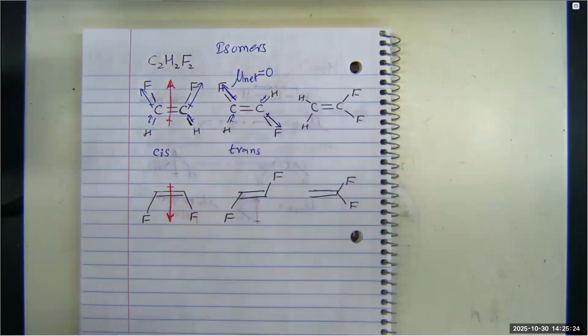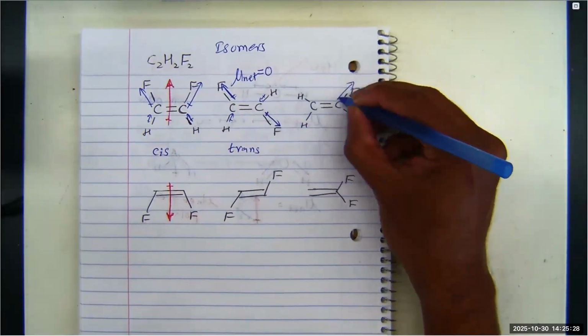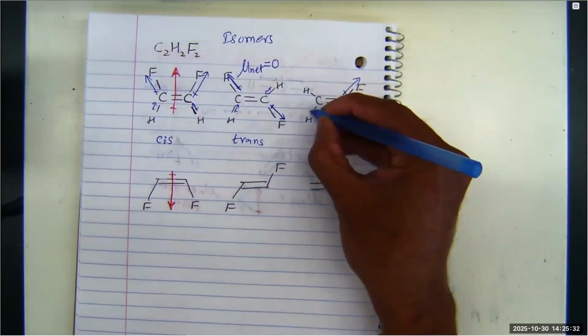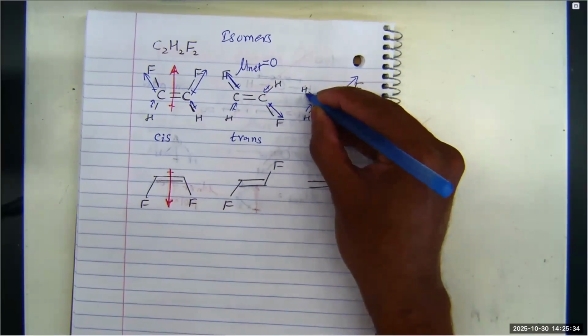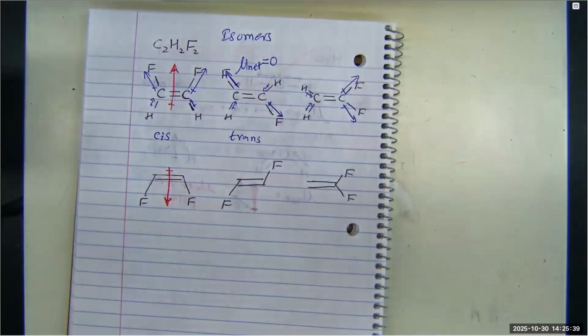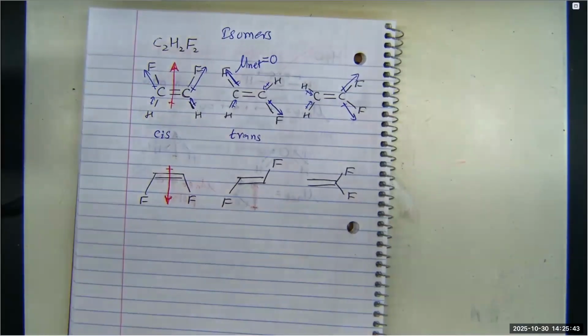I think it's polar. Okay, so let's draw the bond dipole moments and see whether you're correct. Here's the carbon-fluorine bond dipole moments going in this way. Here's the hydrogen-carbon bond dipole moments, if you want to entertain them. I wouldn't, but they're kind of negligible. What can you tell me about the net dipole moment of this molecule, Tyler?